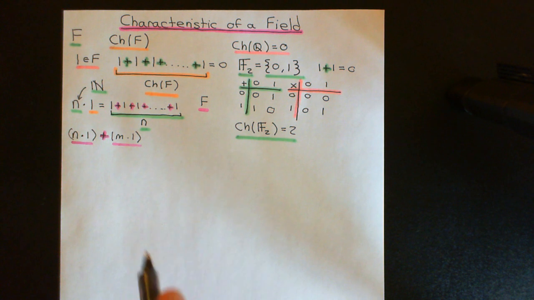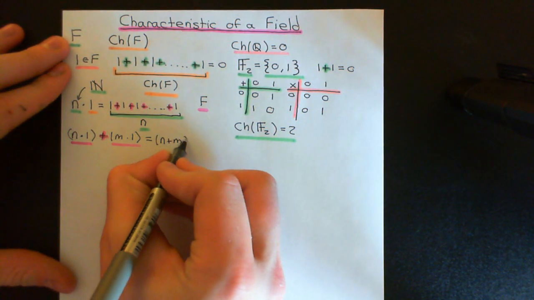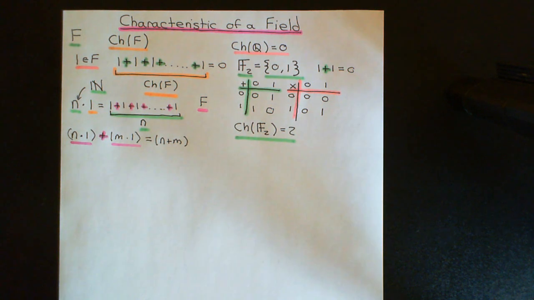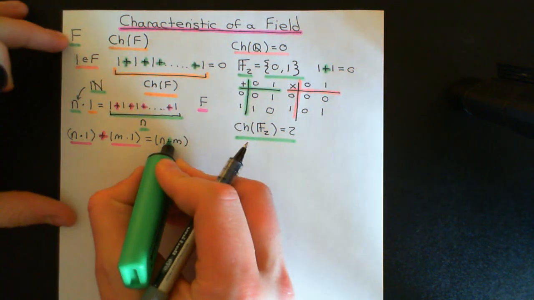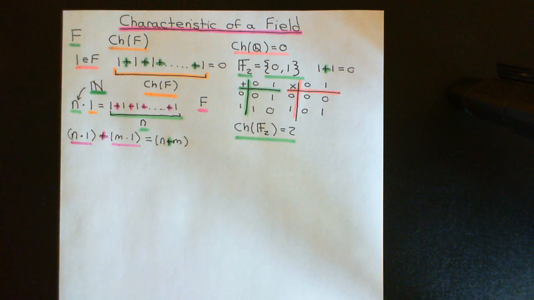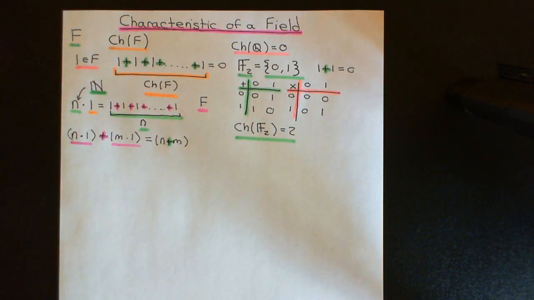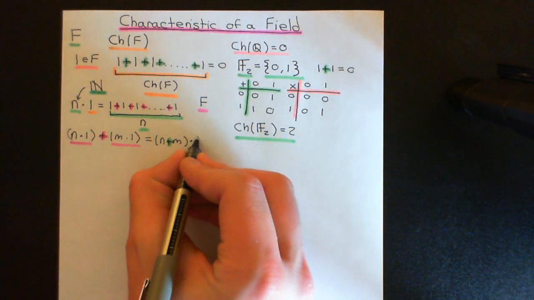Now, this is going to actually equal n plus m, where you add these two natural numbers together according to the way that you would add two natural numbers together in the algebraic structure of the natural numbers. Or you can think of this, if you like, as a subset of the integers, so the way that you would add them together in that group of integers under addition. And then, of course, you'll have dot 1.